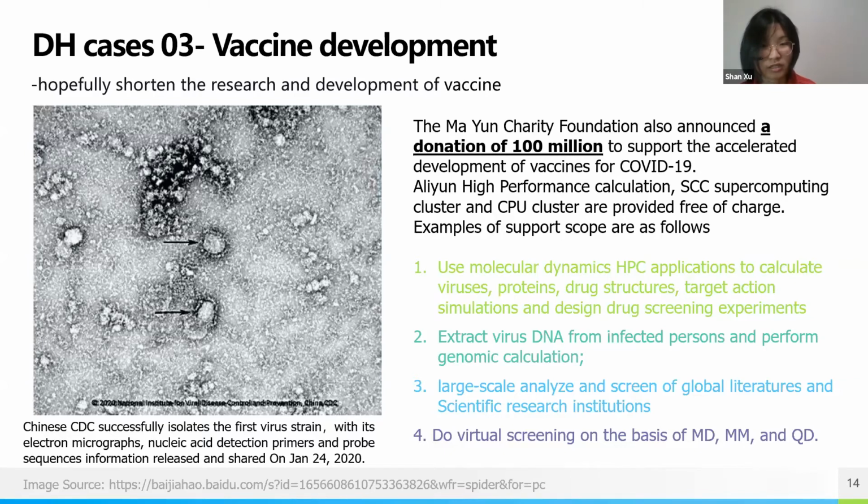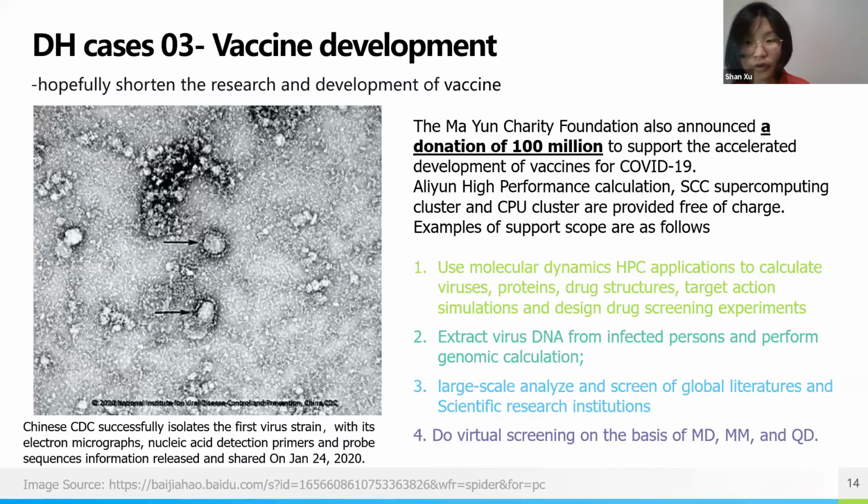After discovering the candidate drugs, you also have to go through what we have mentioned before: preclinical research, clinical trials, and applying for a new drug, and then get the approval from the regulators. Then you can go to the market.